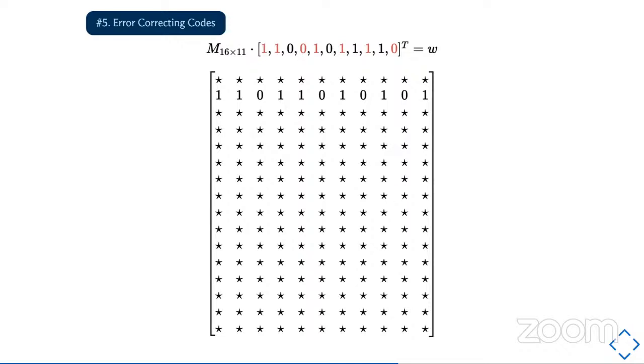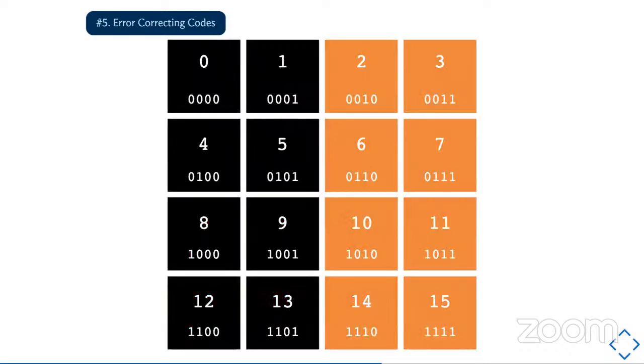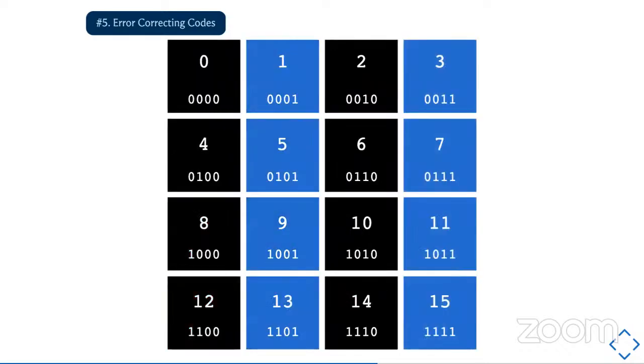What that's going to do is go to the message and pull out the relevant locations that play into the blue parity check bit, and add them up mod 2. Remember, the parity check bit sums up the number of ones in these locations mod 2.